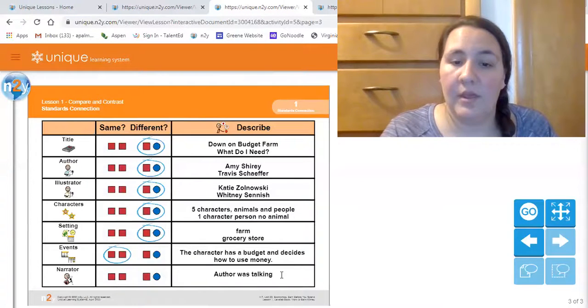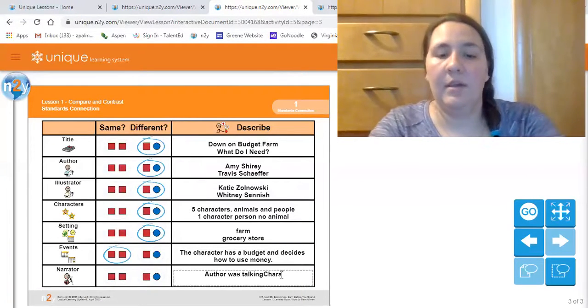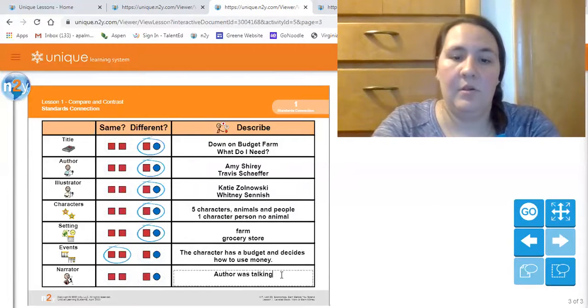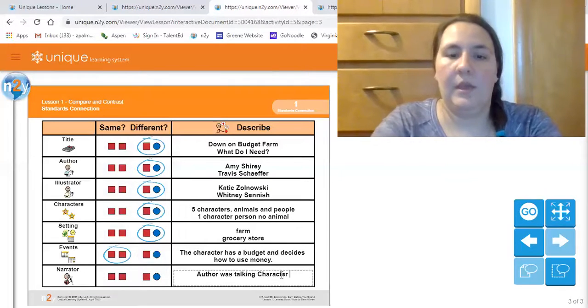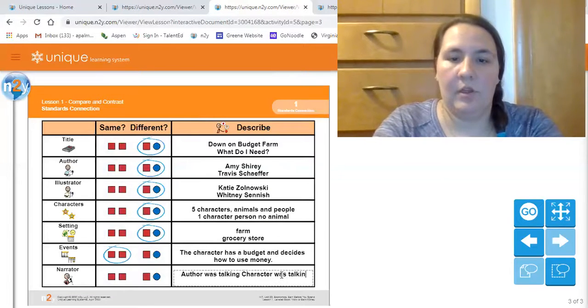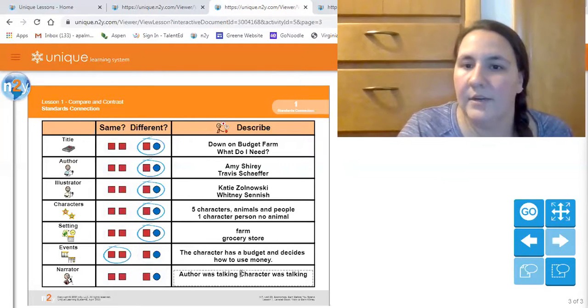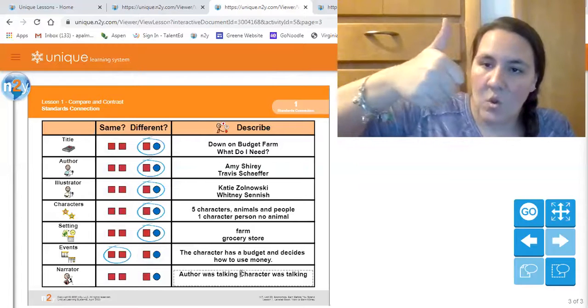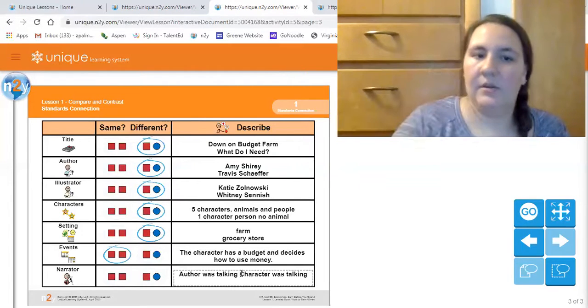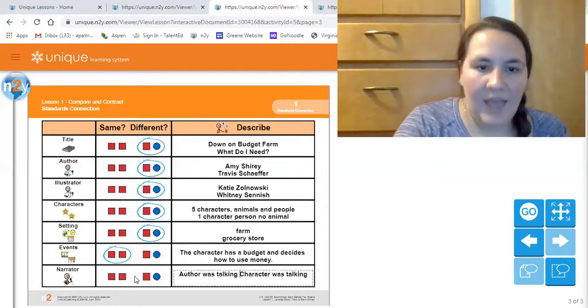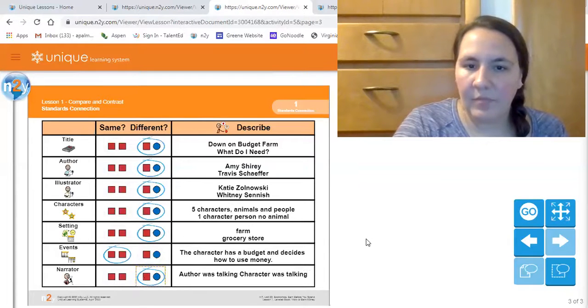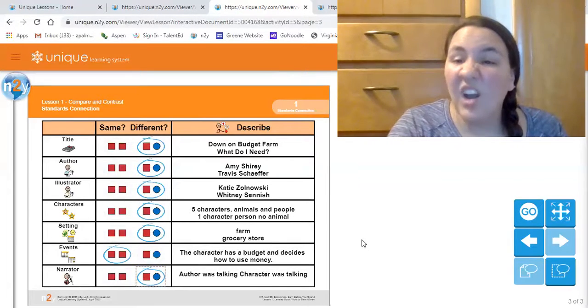So in the second story, the character was talking. Okay. So first story, we have the author. Second story, we have the character. Are these the same or are they different? They're different, right? Different. So we did an awesome job.